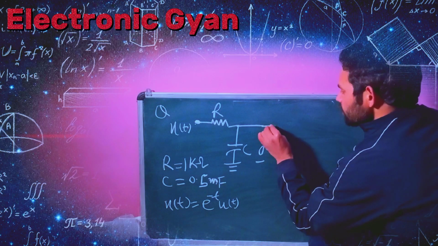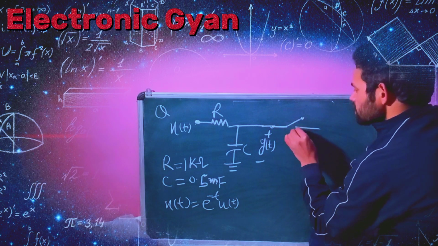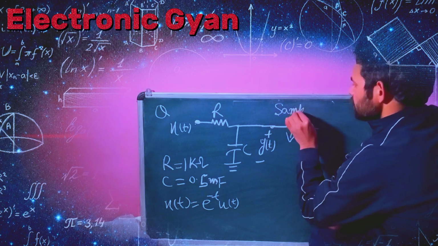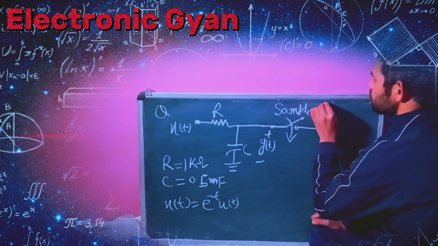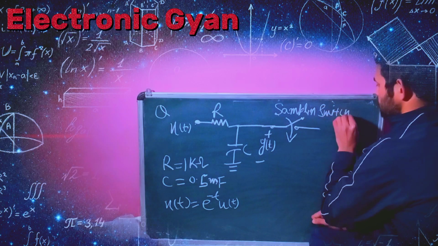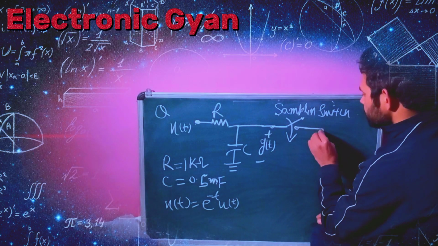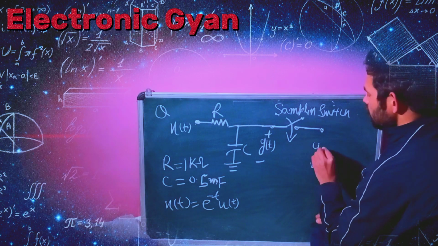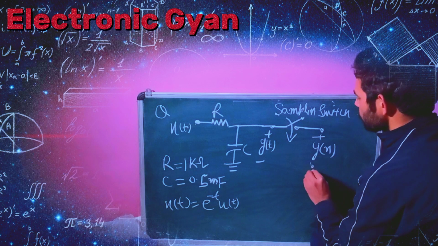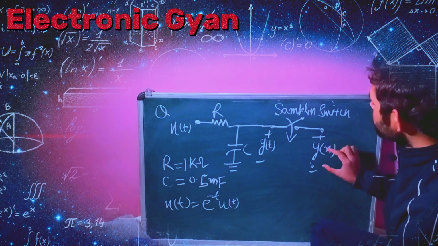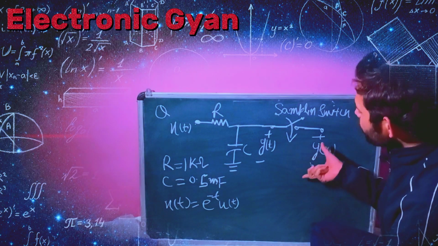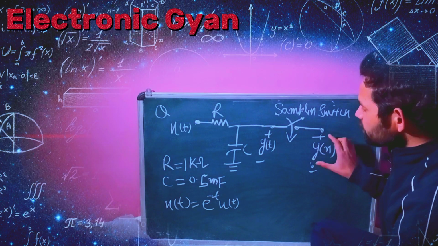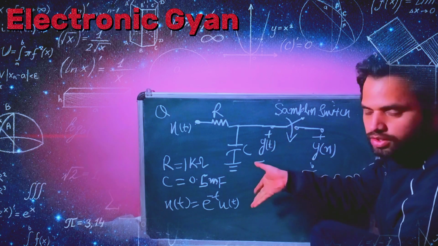Here I am applying one sampling switch, this is my sampler, and the output is y of n. Now I want to find this discrete time signal first, then after that we will see the ROC concept.